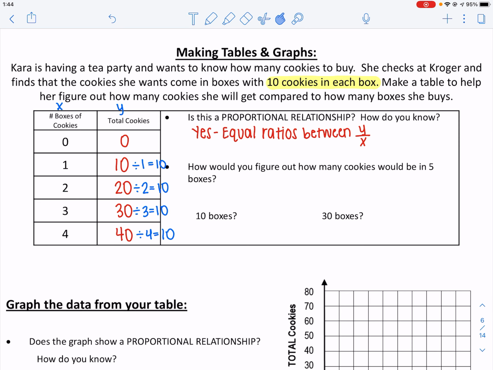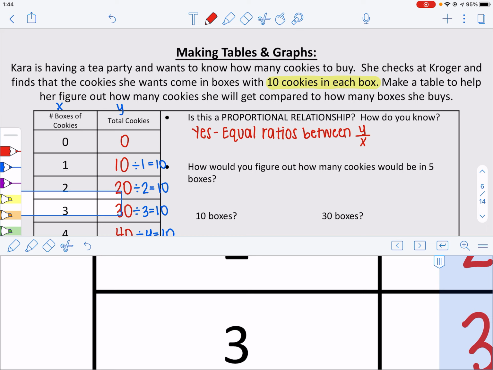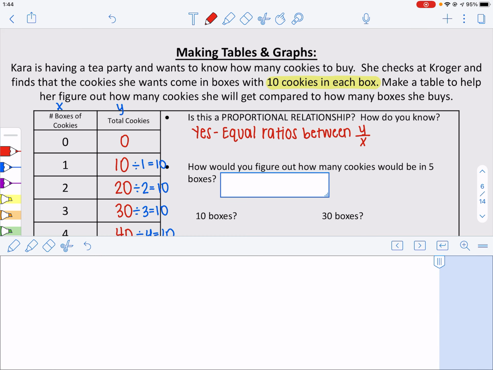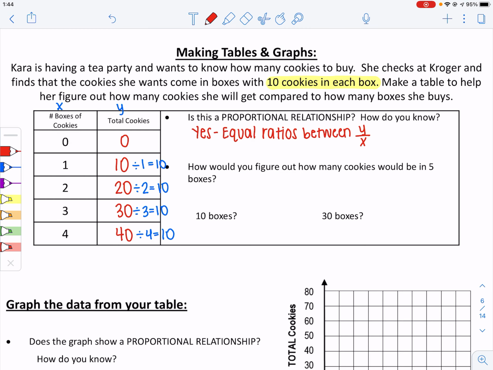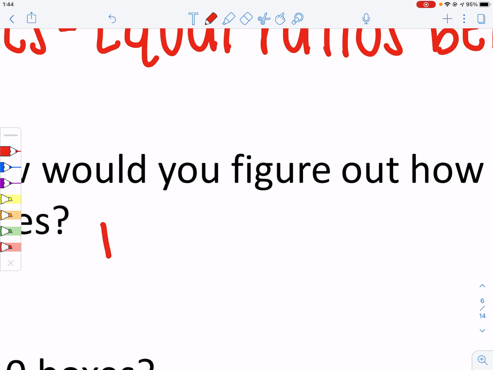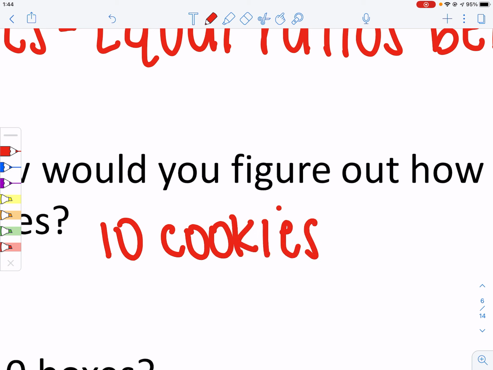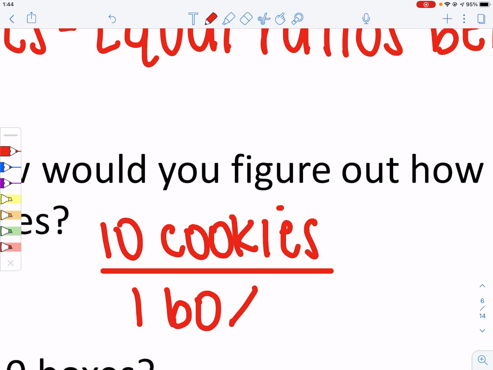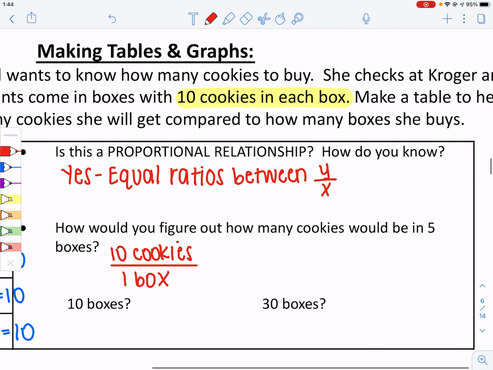All right, and then it's asking how we would figure out how many cookies would be in 5 boxes. We can write this as a unit rate and then figure it out. So we know that there are 10 cookies in 1 box. If we're trying to figure out how many cookies there are in 5 boxes, then I want this bottom number to be a 5 instead of a 1.